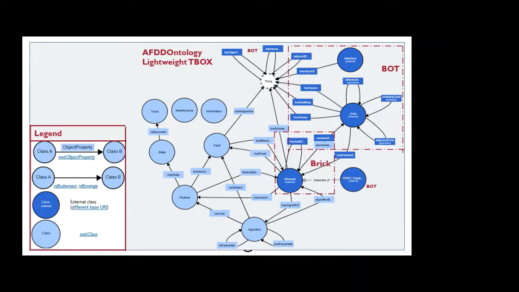There are certain mappings between the Brick ontology and the DOT ontology, and you can see the object properties that are reused again from the existing ontologies and the ones that are needed to answer the AFDD questions.